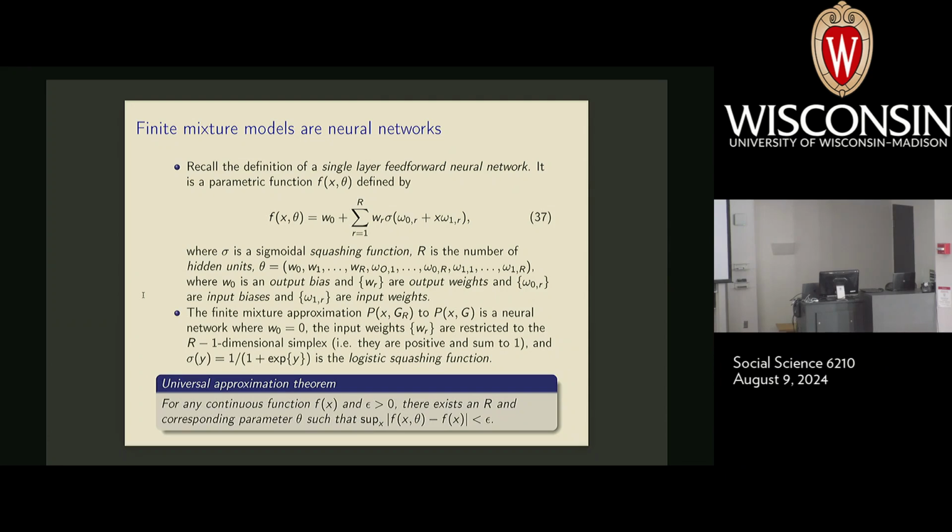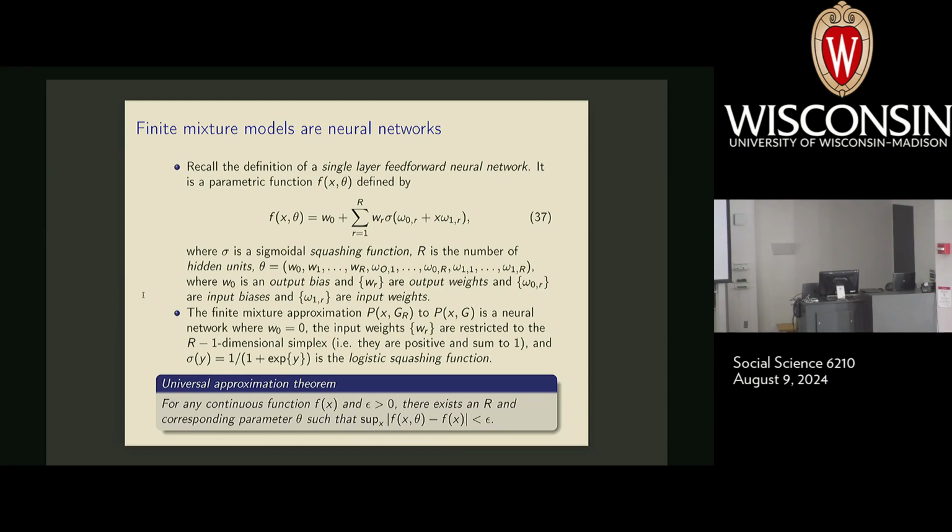Now, the universal approximation theorem says: give me any continuous function f and any epsilon, and I'll find a number of hidden units and parameters such that I'm uniformly within epsilon of the true function. So now you should think about this as the mixture model, and this is the true CCP.